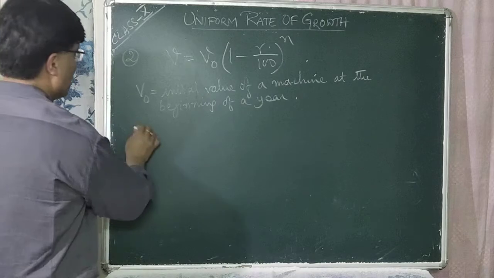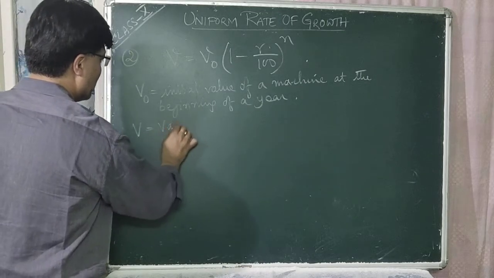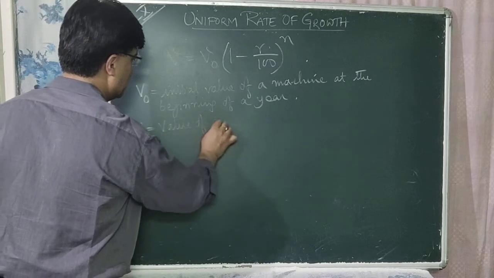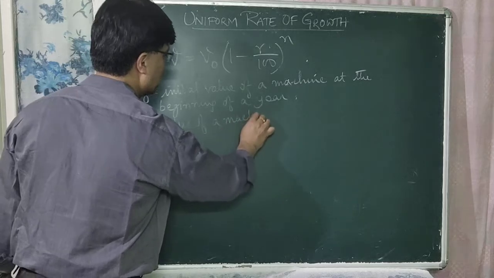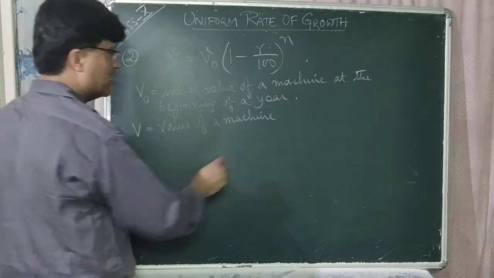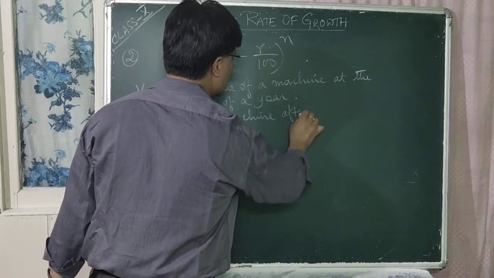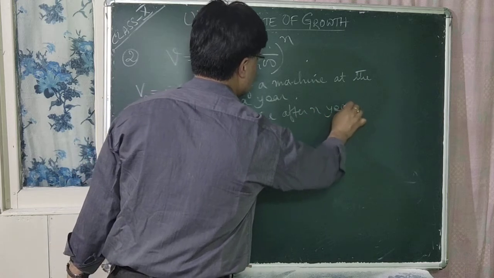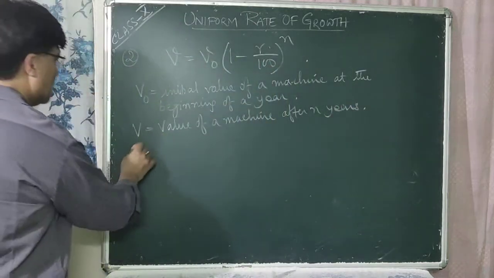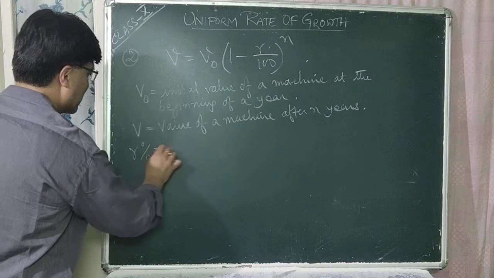Right? What is V here? Value of a machine or price of a machine after how many years? After n years. Right? What is R percent here?